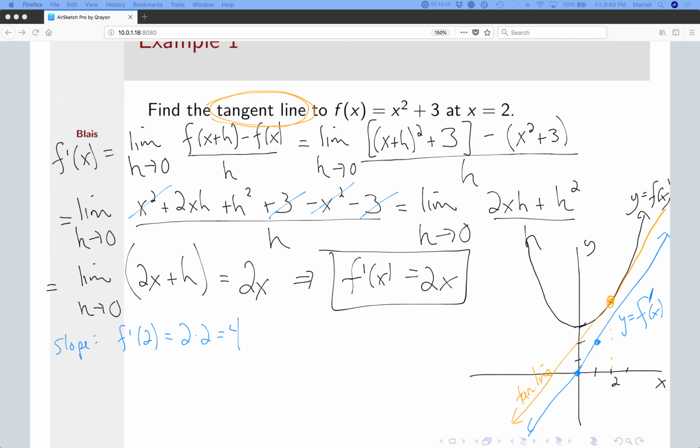And then, of course, for a line, we need a point on the line. Why not just choose f of 2? So our point would be (2, f of 2). And of course, f of 2 is 2 squared, 4, plus 3, or 7.